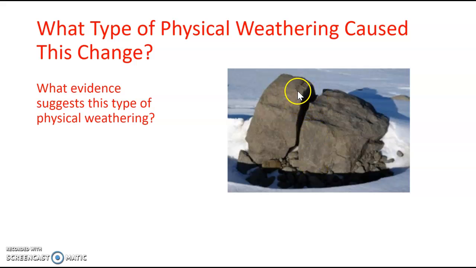So there was some water melting and freezing and melting and freezing and splitting this rock. It also experiences temperature extremes, which could contribute to splitting. And the sun might be contributing to that a little bit as well.